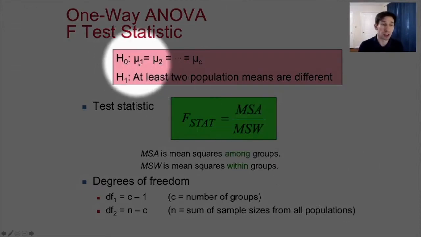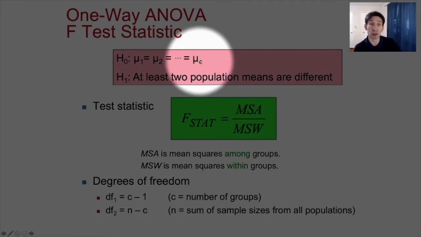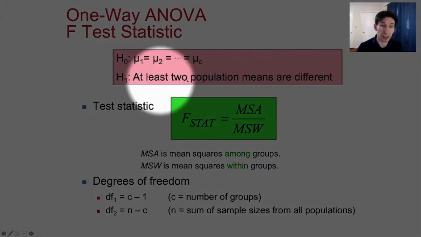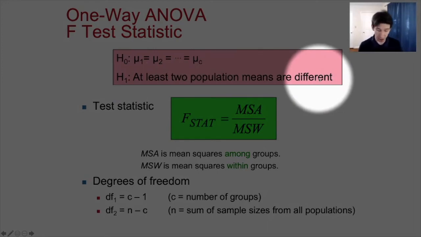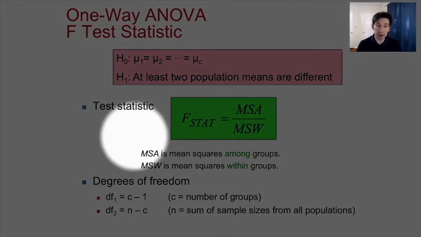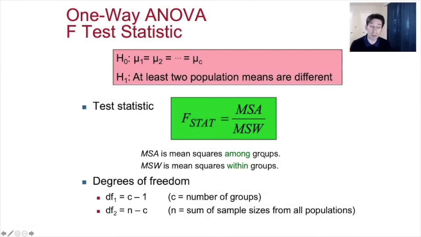It's H0, remember, mu1 equals mu2 equals mu3, etc. All the mu's of all the groups are equal, versus H1, at least one of them is different from another one of them. At least 2 of them are different from each other, or at least one of them is different from the others. And so our test statistic is the F-stat, which is MSA divided by MSW, the mean squares among versus the mean squares within.